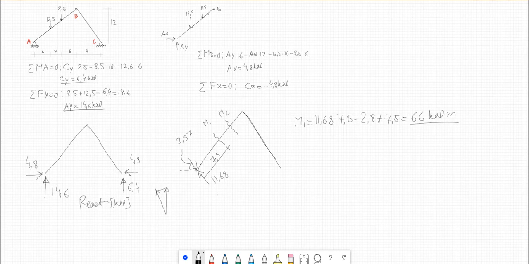So similarly at point M2, and point M1 and M2 are where the vertical loads are applied. The arm is at 12.5.